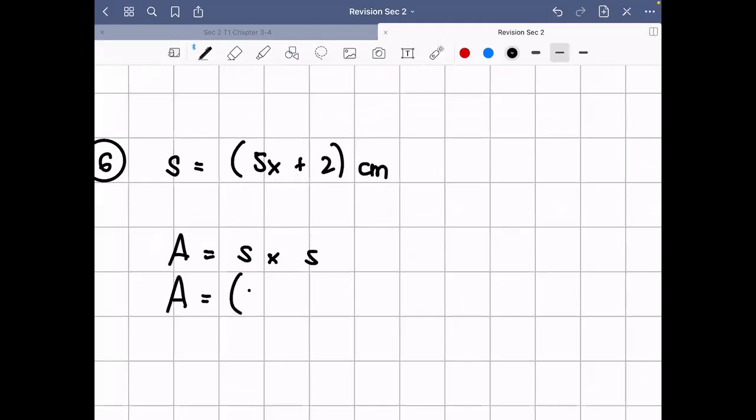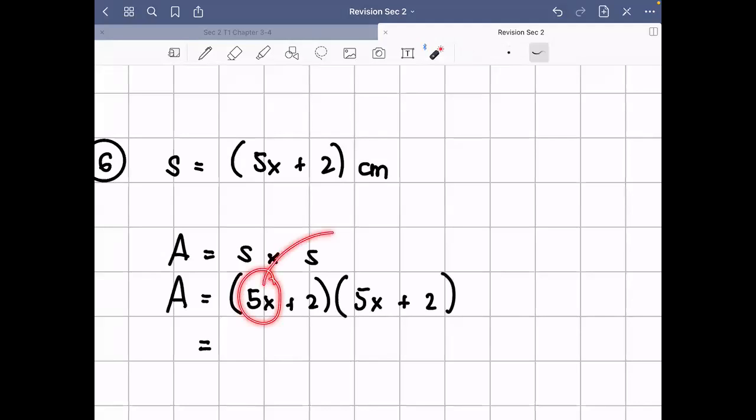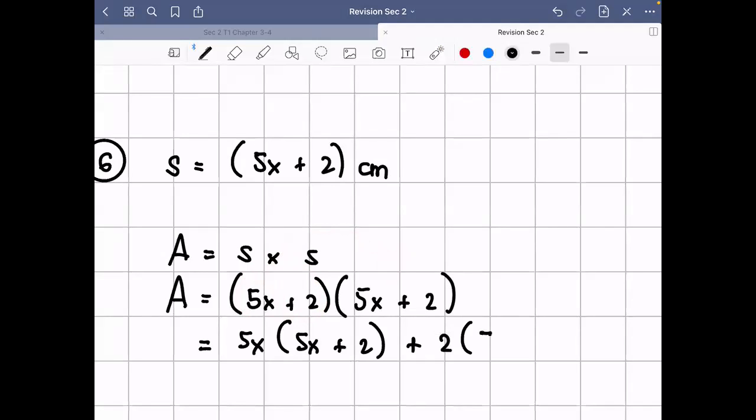So we need to multiply 5x plus 2 and 5x plus 2 again. Okay, so what do we get, class? We expand this: 5x times 5x plus 2, and then plus 2 times, again, 5x plus 2.